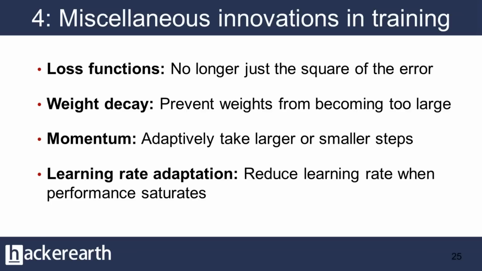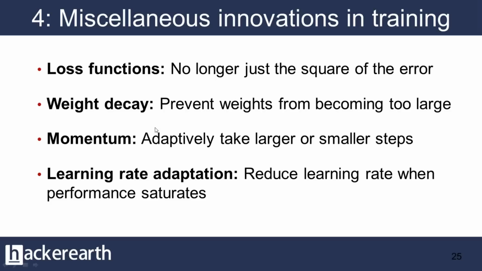There are now libraries available where you give it a loss function and it computes its derivatives, the gradient, or how to change the weights so that the loss is minimized. It computes it on its own. You don't have to actually do the differentiation yourself.